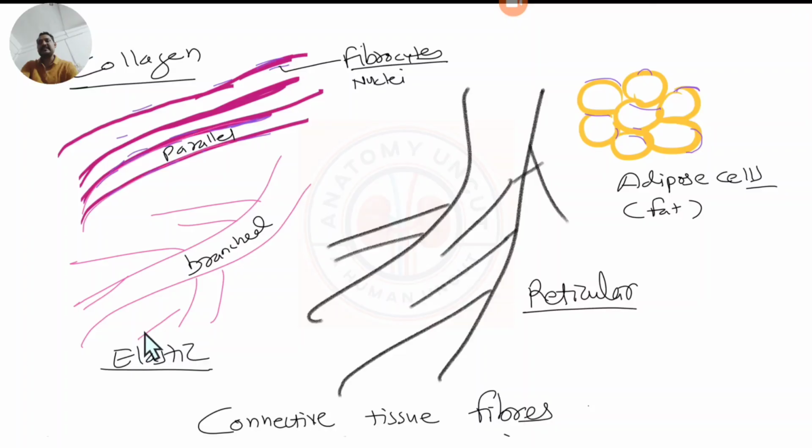You have something called elastic fibers, and then you have reticular fibers. Three major connective tissue fibers. All of them are secreted by a special cell, which we call fibrocytes. Fibrocytes or fibroblasts are the cells, as the name suggests, which produce your connective tissue fibers.